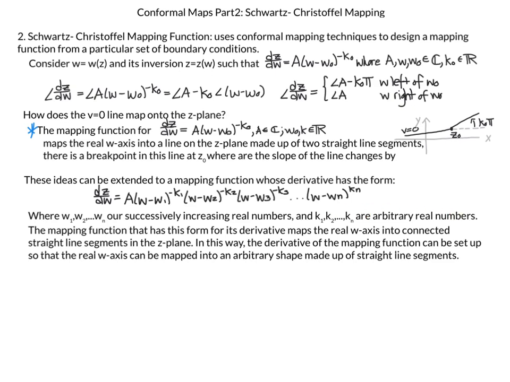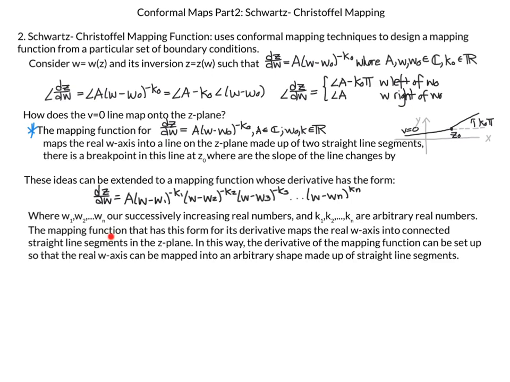And so what happens is, at each of these w1s, the corresponding z1 will have a potential change in phase. This w2 will have its corresponding z2 with another potential change in phase, up to wn, which will have the corresponding zn with a potential change in phase.